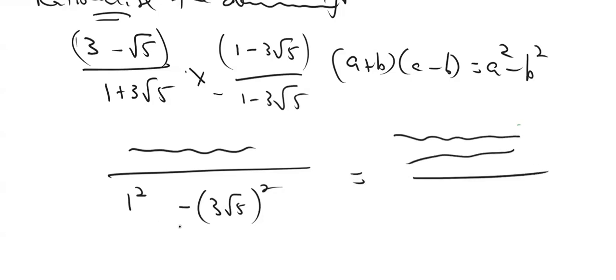But at the bottom here, you will end up with 1 minus 3 root 5 squared, which gives you 9 by 5.